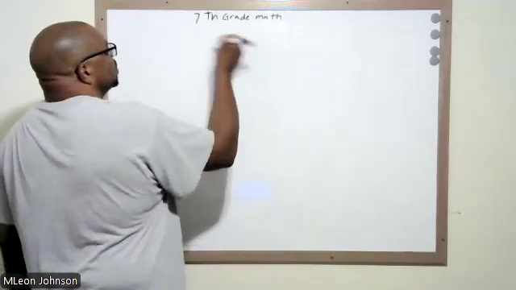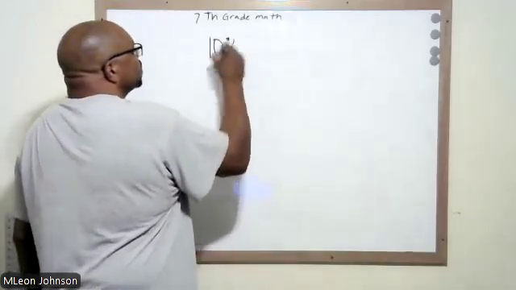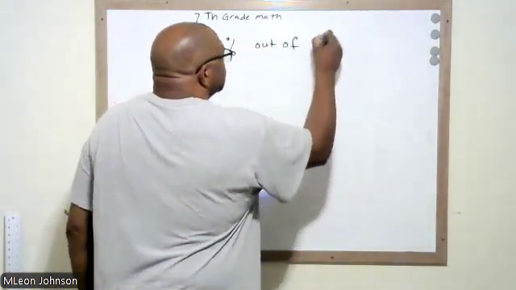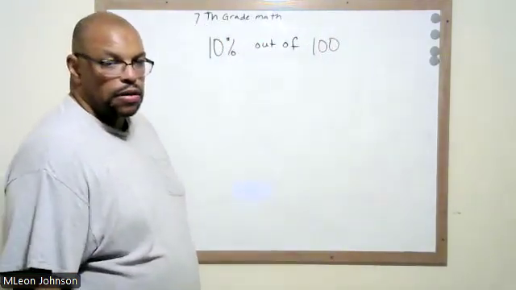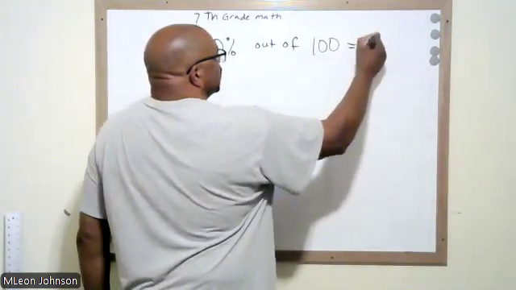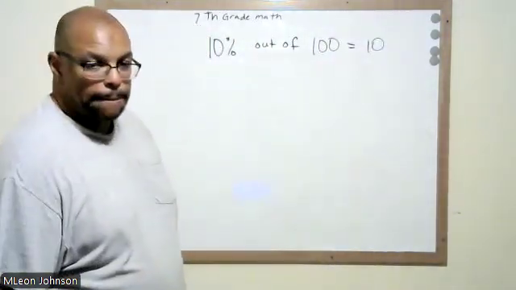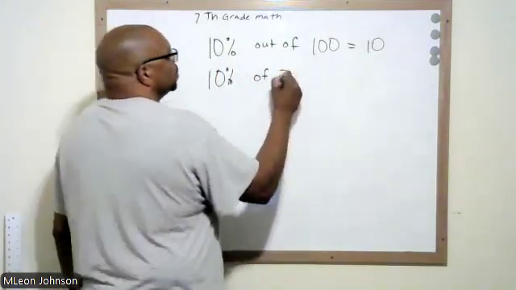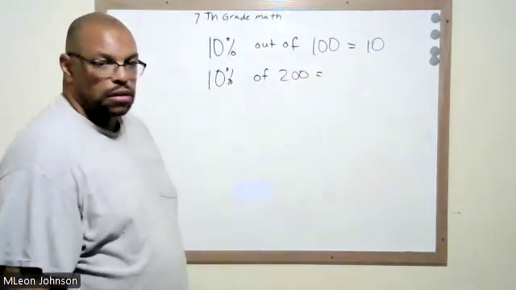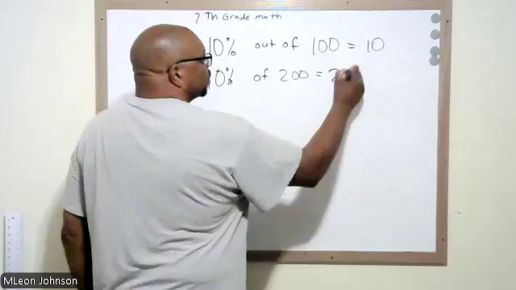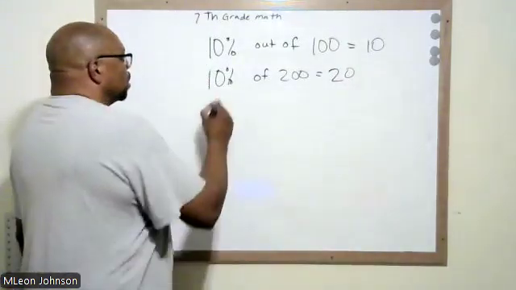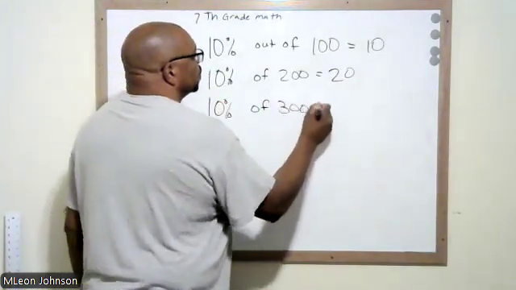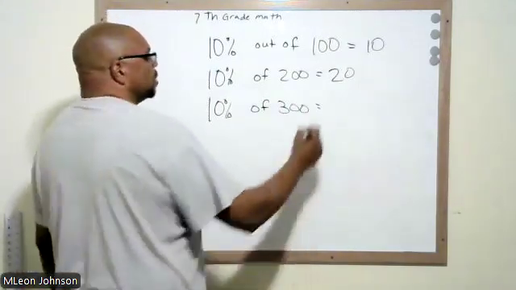So if I had 10% out of 100, it would equal 10. If I did 10% of 200, it would equal 20. Let's do one more. 10% of 300. That would equal, you guessed it, 30.